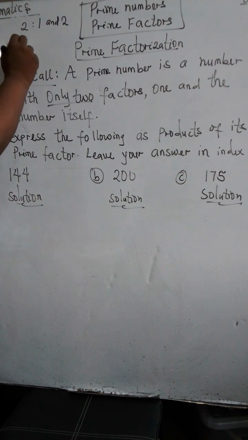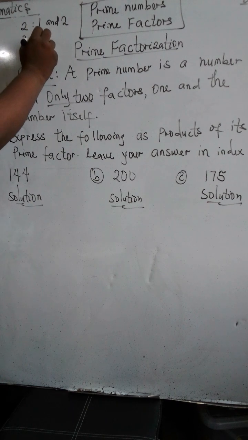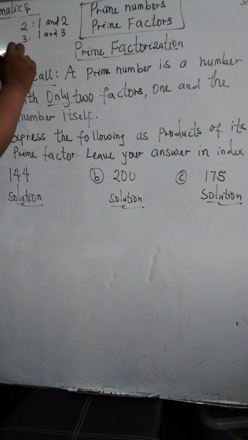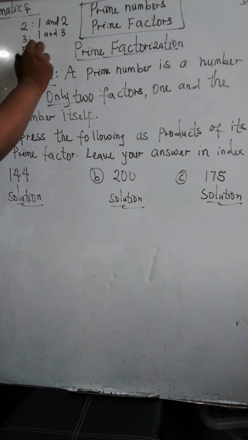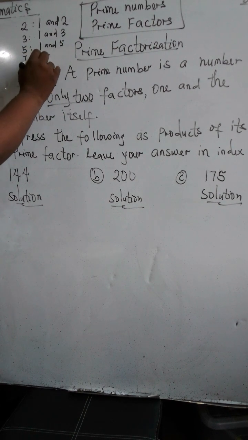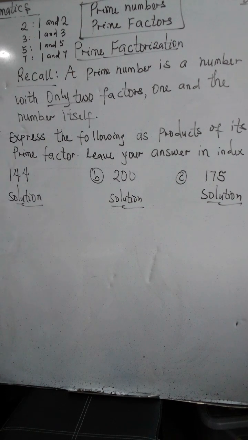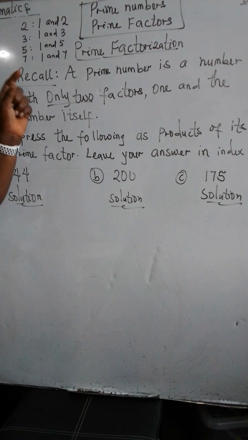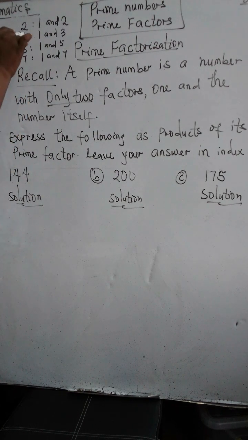I also said 3 is a prime number, 1 and the number itself, 3, right? 5 is a prime number, 1 and 5. 7 is 1 and 7 as examples of what? Prime numbers. Thank you. And if you notice here, these 3, 5, and 7 are all odd numbers. They are all what? Odd numbers.